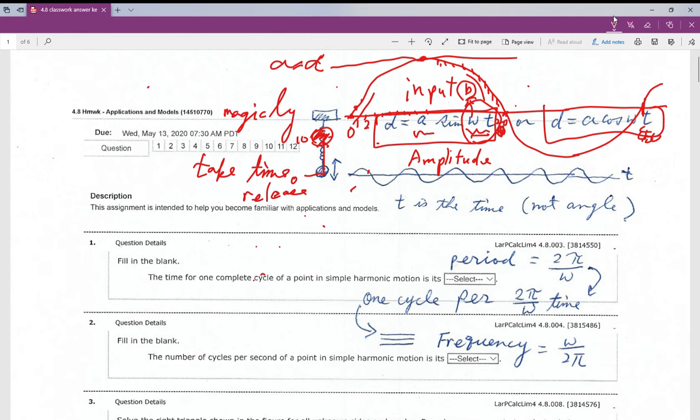Okay, and how come our graph is not up and down? Because this is not a real displacement in real life, because it involves time. So we make up and down to be this way, to indicate the time.